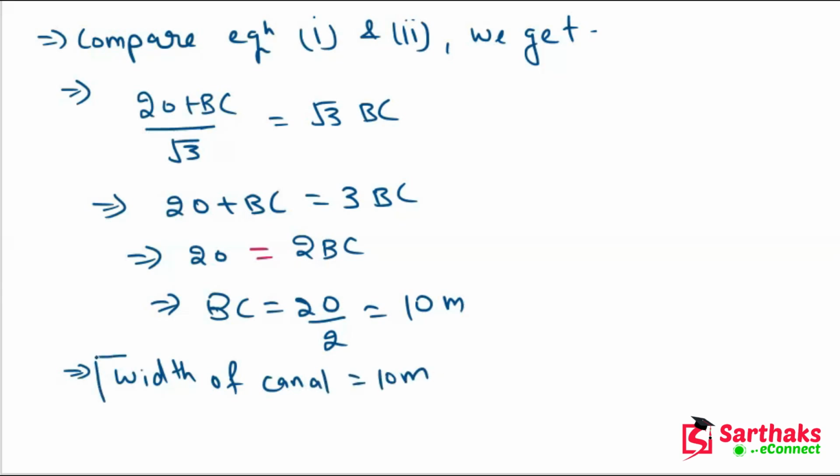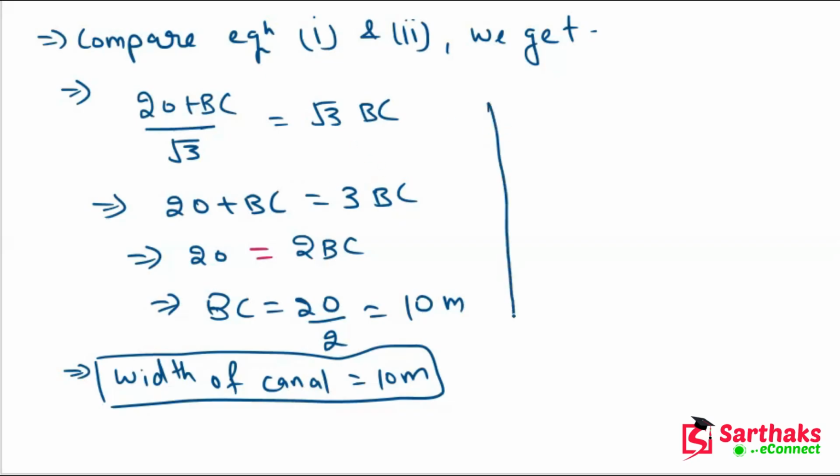So this is our first answer. Now we have to find the height of the tower. How can we find it? Put the value of BC in any of the equations. So we are putting the value of BC in equation number 2.